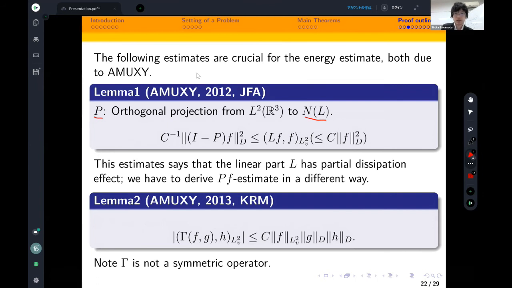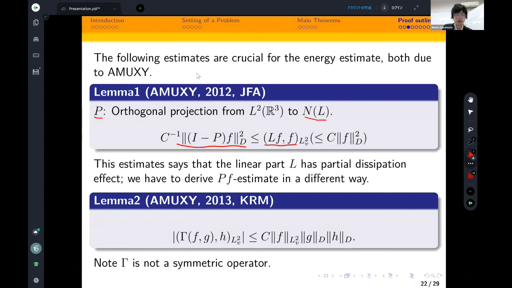And when we consider energy estimate, we have to have this kind of inner product, and this is bounded below by this. So from LF, we can get a partial dissipation because we lost the information of PF by these estimates. However, this can get information of the I minus P part. So this is important. And we will recover the information of PF in a different way later.